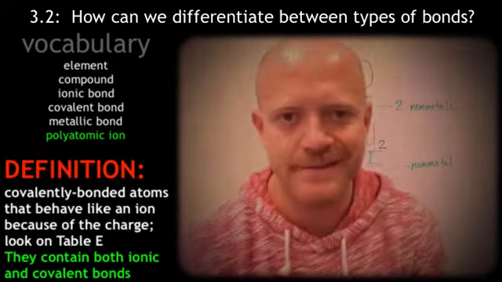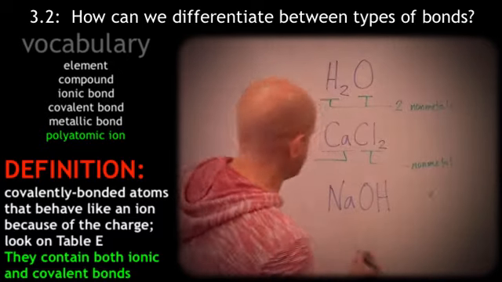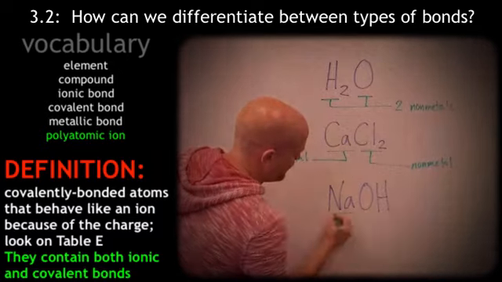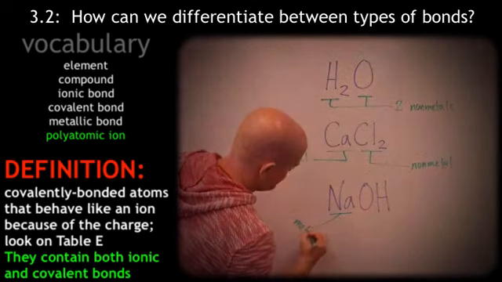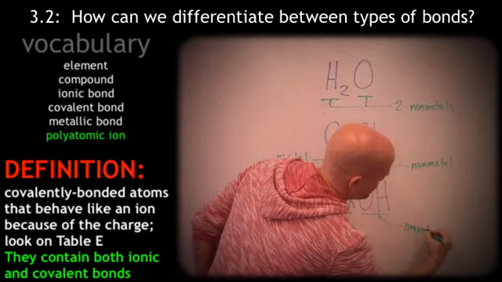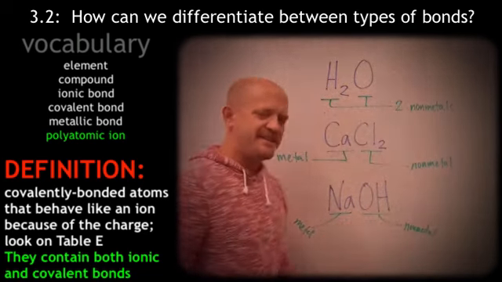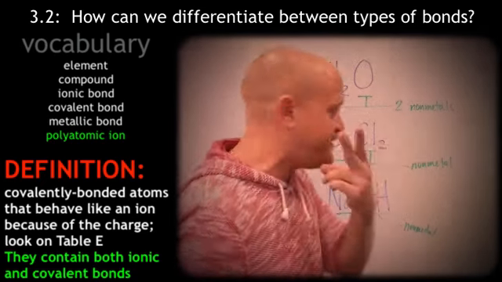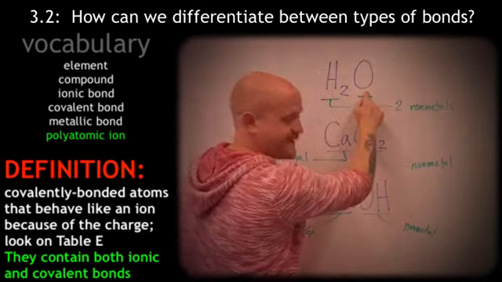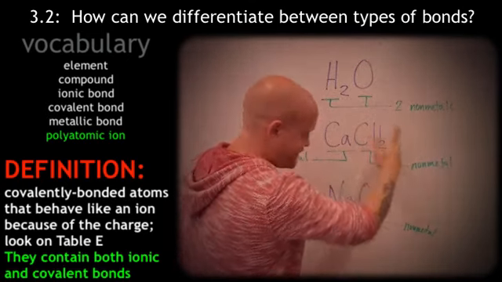Now let's look at this. We have NaOH, where this is a metal, and these two are both nonmetals. The only thing that's different is if you see more than 2 elements. This is 1 element, this is 1 element, this is 2 elements. I'm not talking about the quantities.